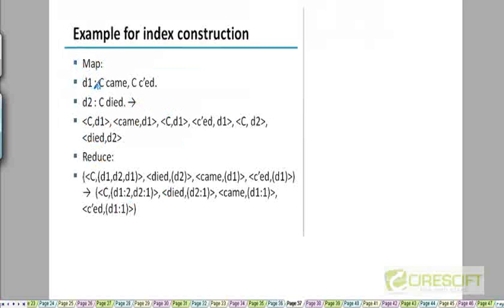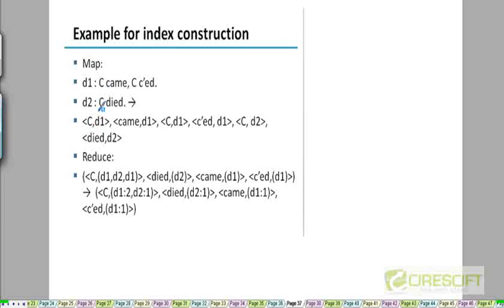Let's say that the mapper is assigned this split. So there are just two documents in the split. The first document says Caesar came, Caesar conquered. The second document says Caesar died. So when the mapper parses these two documents, it's going to tokenize them and normalize the terms.